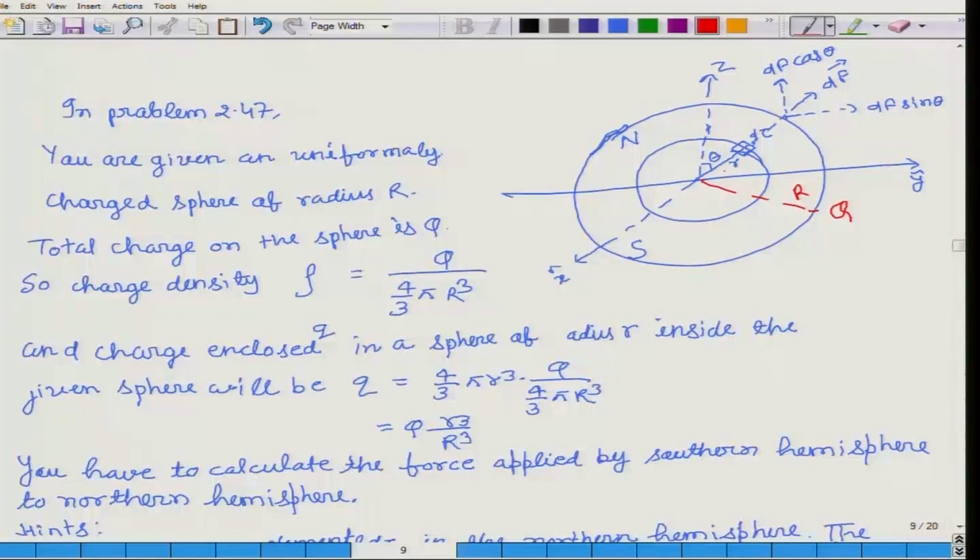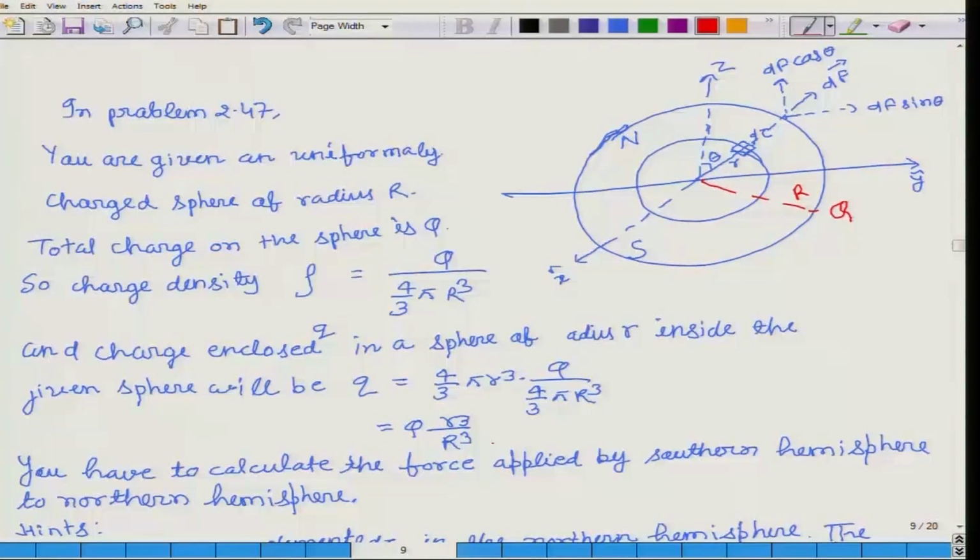If we take a small sphere inside this sphere of radius small r, the charge enclosed by this sphere will be 4 by 3 pi r cube into charge density, which is Q r cube over R cube.